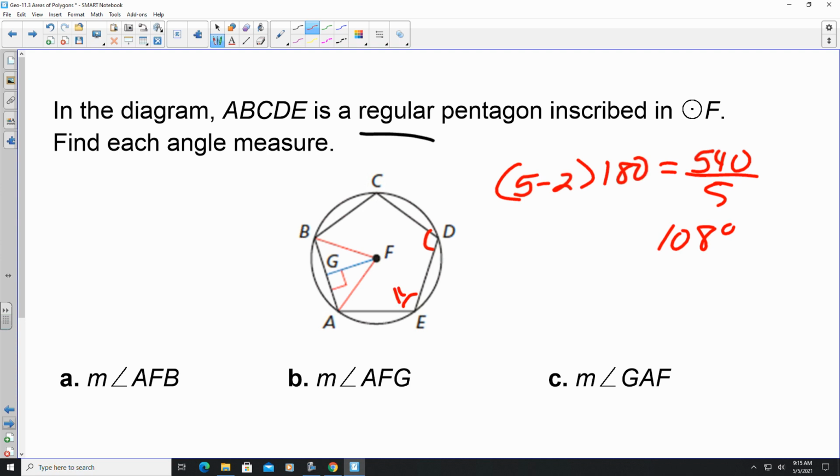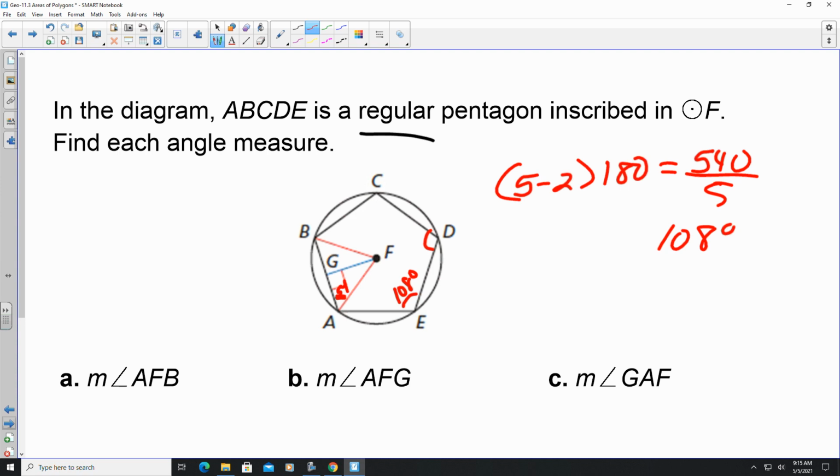So all of these are 108 degrees. Now, this angle here is cut in half. So if I took 108 and divided it by 2, I would get 54. So this right here is 54.